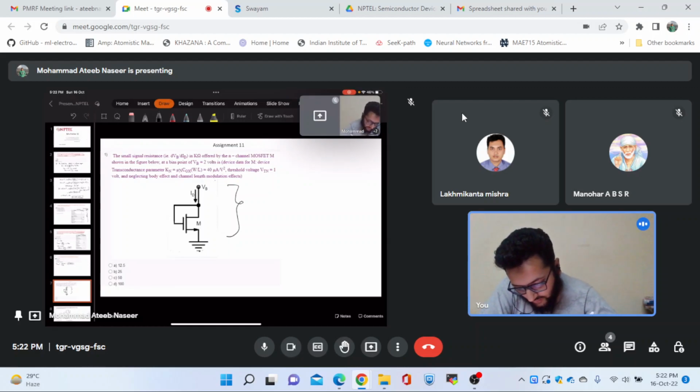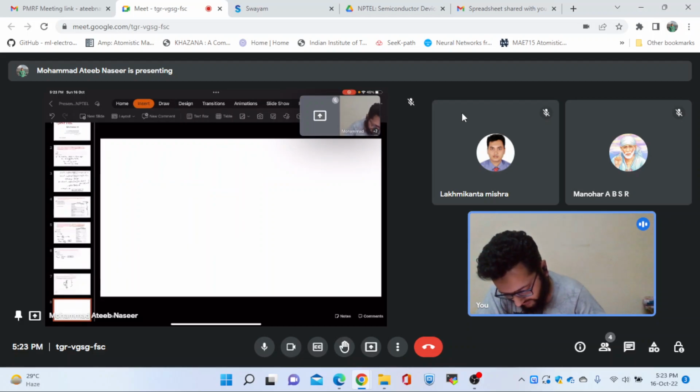If we look into this MOSFET, it appears that this MOSFET is in saturation, because the gate and drain are both connected, and the source is grounded. So VGS minus VTH will be less than VDS, as G and D are the same. It means that this MOSFET is in the saturation region.